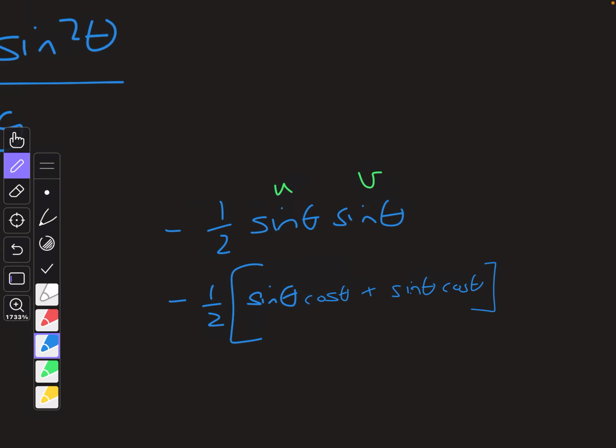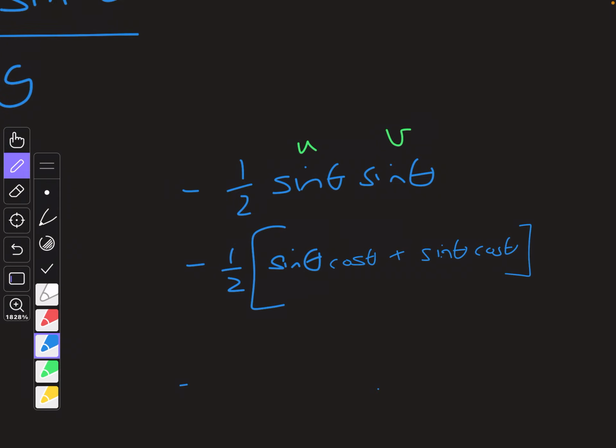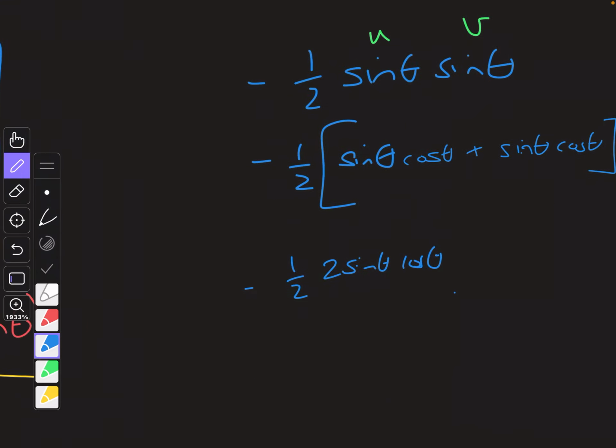So you end up getting minus a half by 2 sine theta cosine theta, as these add together to give you 2. And what's going to happen is you're just going to get minus sine theta cos theta.